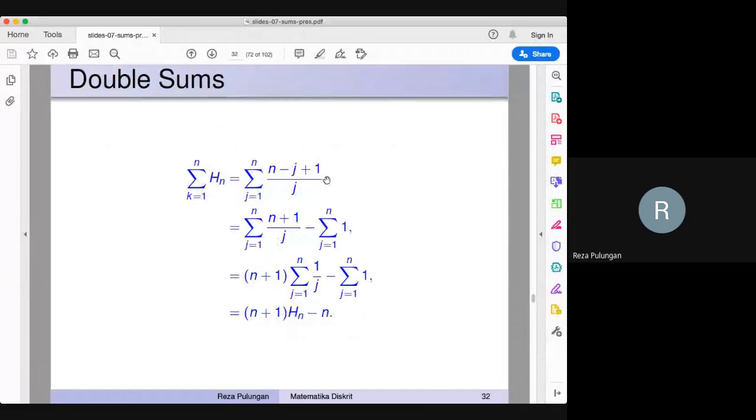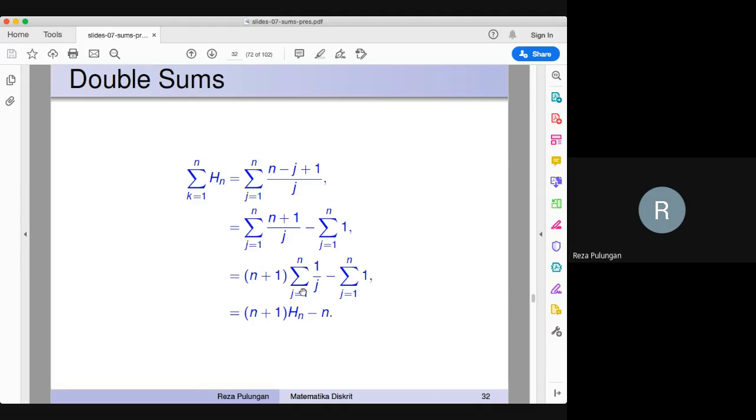So j divided by j becomes 1. So the summation of n plus 1 divided by j, minus the summation of j is equal to 1 until n of 1. N plus 1 can go to the front: n plus 1 times the summation of 1 divided by j, minus, what about this one? It's easy. The summation of j is equal to 1 until n of 1 is just equal to n.